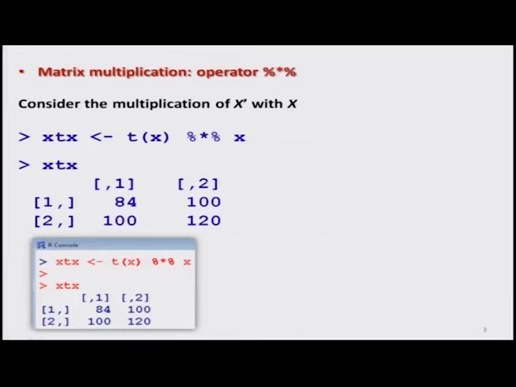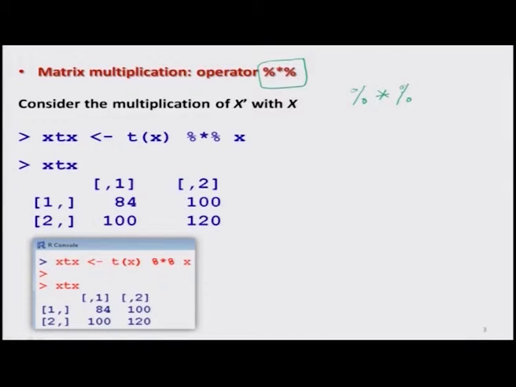Now first we consider how to do the multiplication of two matrices. The first thing you have to understand is that the operator for matrix multiplication is a percentage sign, multiplication, and a percentage sign.